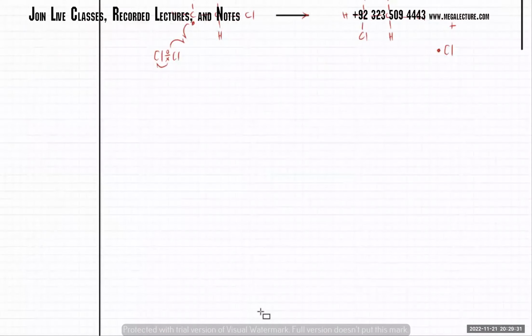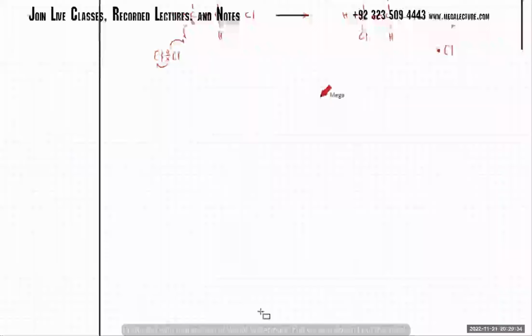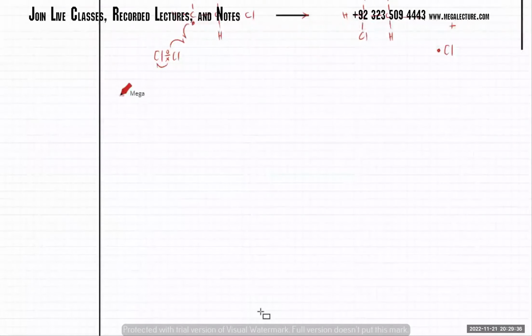Okay, then after this there's a last step as well. There's a third step, which is known as the termination step. Remember the first step is the first step, but the second and third step can happen at any point. Step number 3 can happen at any point during the reaction. So that's known as the termination. If it happens, the reaction gets terminated.